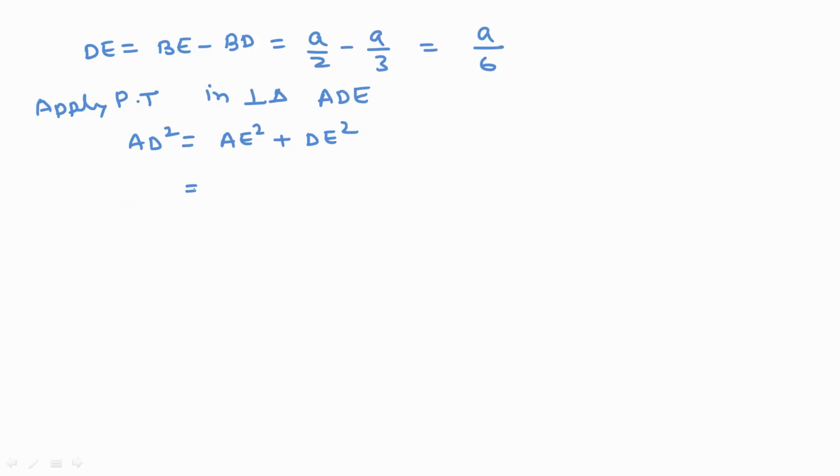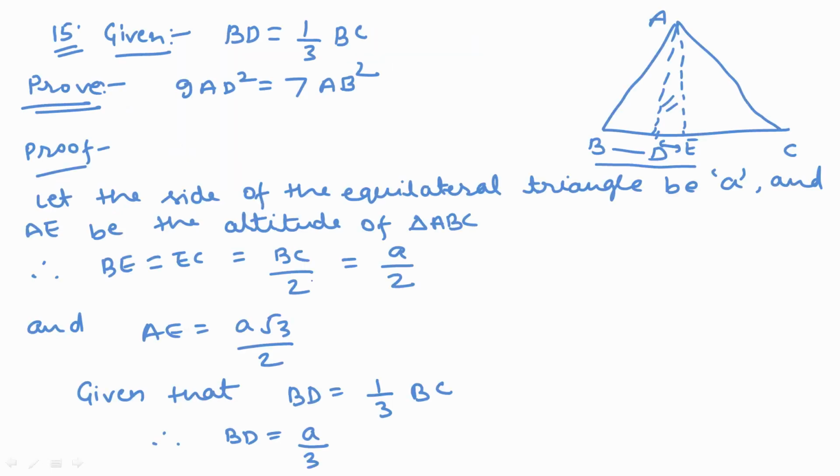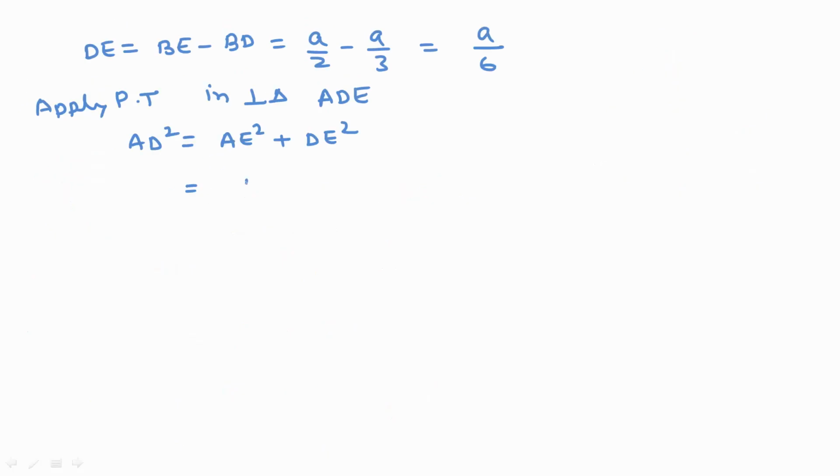This will be equal to the value of AE, A under root 3 by 2, whole square, plus the value of DE, A by 6, whole square.